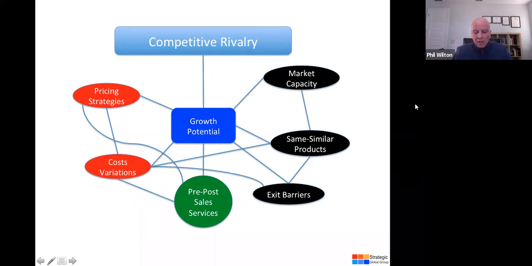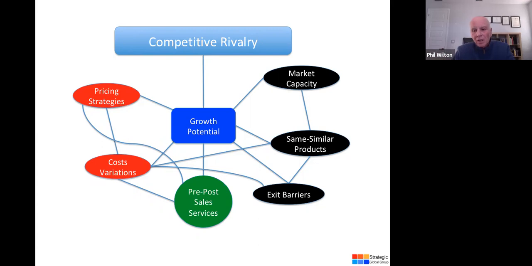So the kinds of things that you should be looking at. Well, and just before I go into this, what you will gather from going through this matrix is that there are a lot of similarities between the competitive rivalry and the new entry and the substitution.